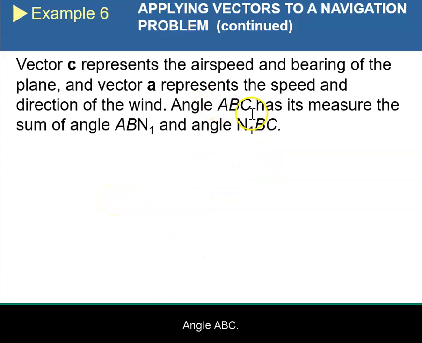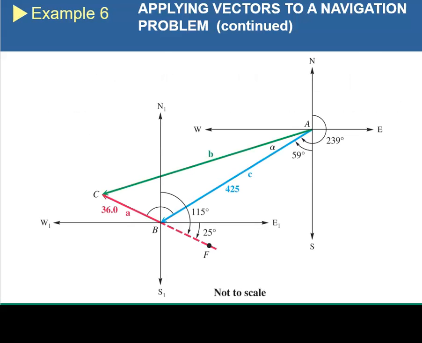Right. Angle ABC has its measure as the sum of angle ABN1 and angle N1BC. So we're looking at A, B, C. That's the angle we're looking at, the angle that's formed between the two.